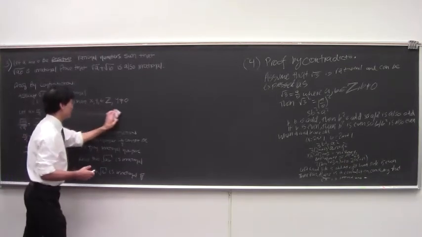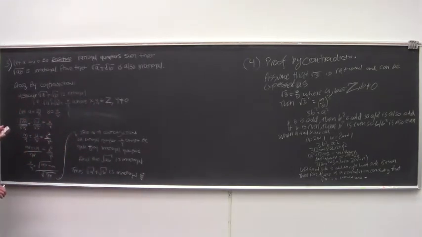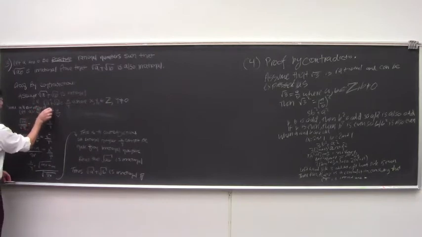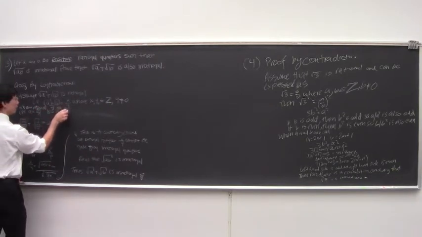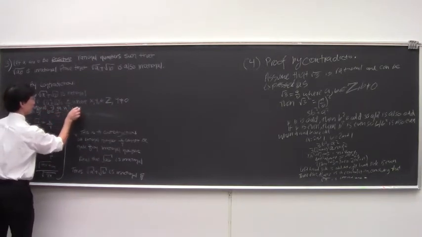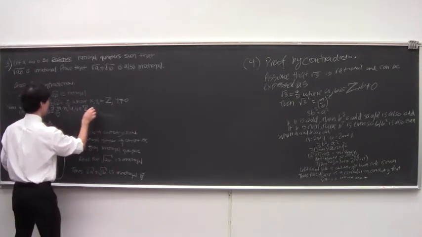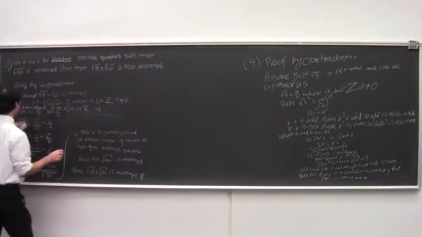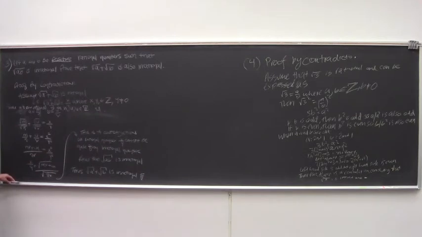Just to be a little bit nitpicky, you'd say: since a and b are rational, we know there exist integers m, n, u, and v such that a equals m over n and b equals u over v.